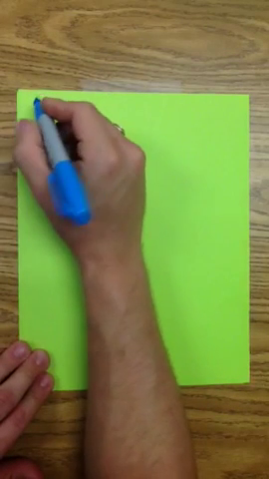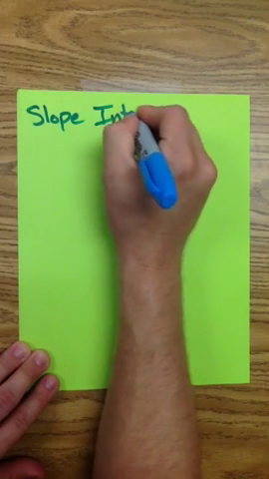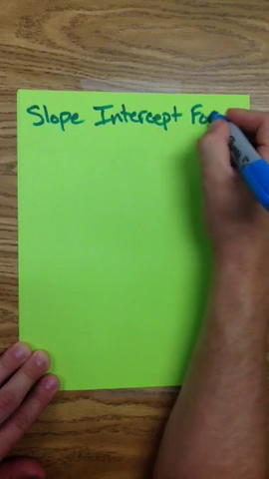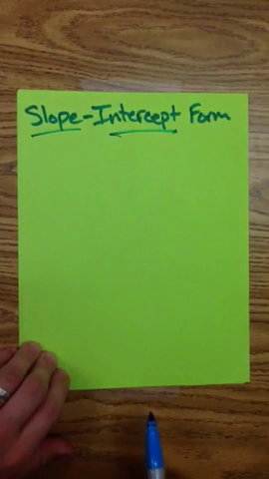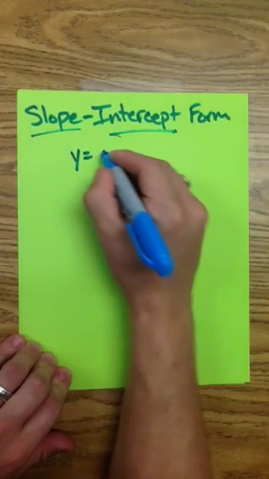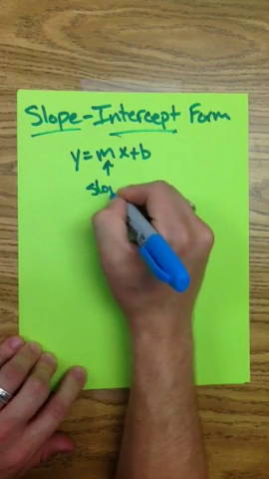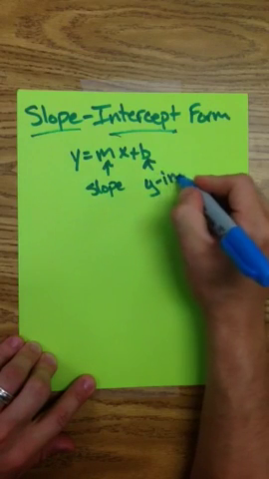Talking about slope-intercept form. Slope-intercept form has a slope and an intercept in the equation. And it's written y equals mx plus b, where m is my slope and b is my y-intercept.